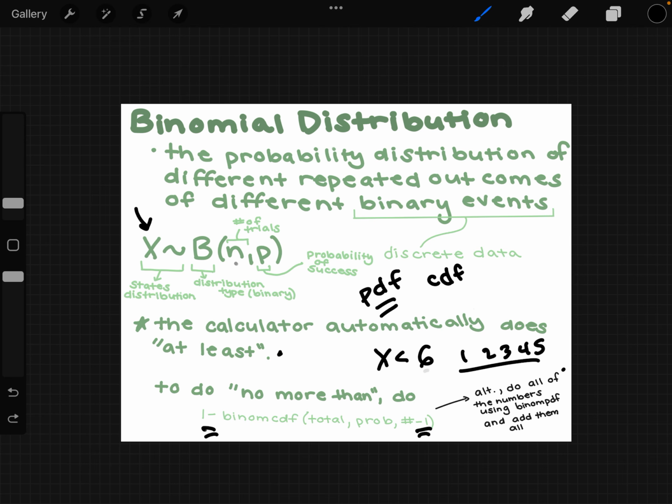So do the binomial PDF of 1, and then of 2, and then of 3, and then of 4, and then of 5, including 0. Depending on the data, include 0, because that would still be no more than. You could add all of that up, and that would get you, in theory, the same answer. However, if your brain can handle the CDF method, do that method.